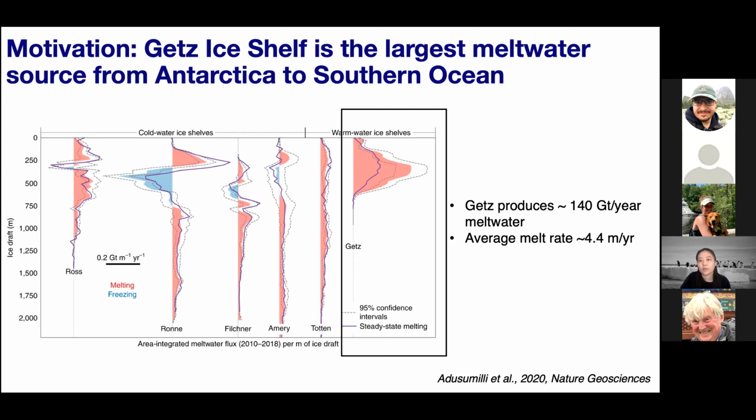In the histograms, the vertical axis is the ice draft, the horizontal is the meltwater flux. Among all the large ice shelves, Getz is experiencing a very excessive melt rate at depths among all the warm water cavities.